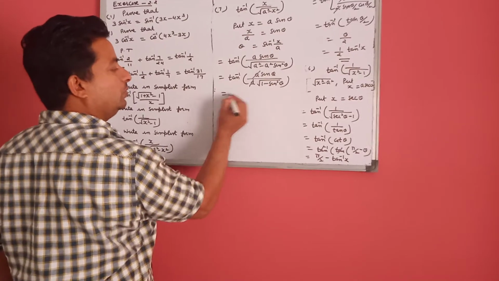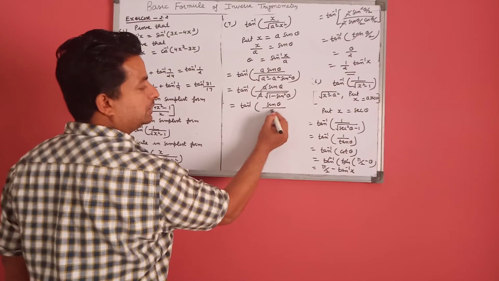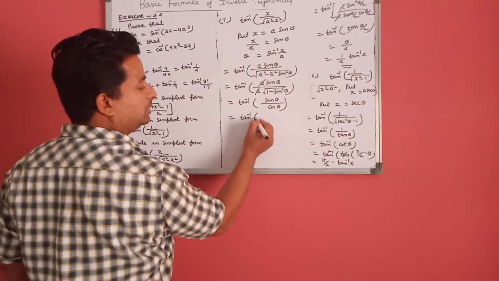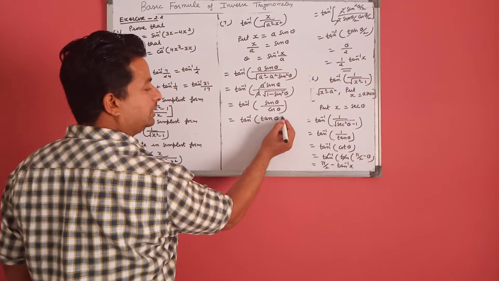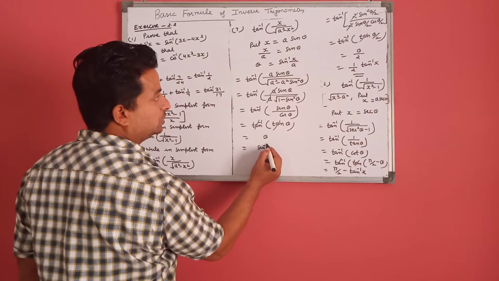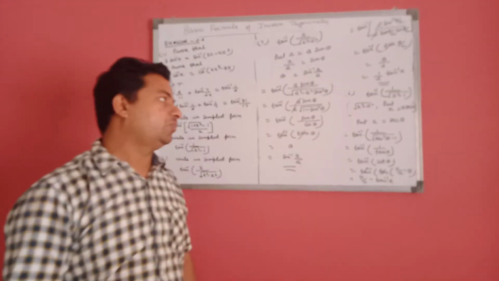This cancels out. As we know, 1 minus sin square theta is cos square theta. It becomes cos. Sin theta by cos theta is tan theta. This cancels out. This is equal to theta. So this is sin inverse x upon a. This is the simplest form of this question.